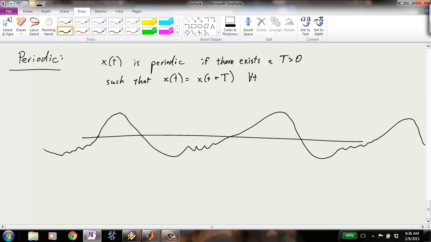Then it has a period of, let's say, this interval here to here. That's a period T. It's positive, and it satisfies this formula: any value you calculate, this value here is going to equal the signal capital T later for any point. This is going to equal that. This is going to equal that. That's what it means to be periodic. And we would say it is periodic with period T.